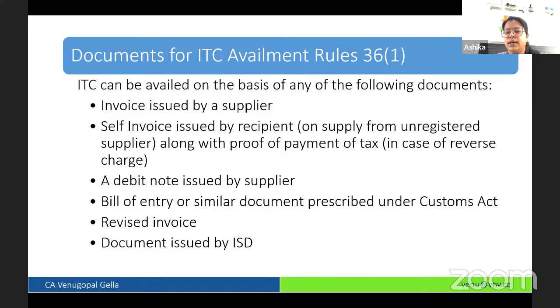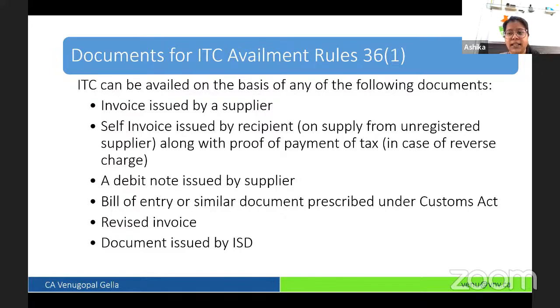Let us take not May 22, let us take December 22. The debit note relates to December 22. Now, based on the original invoice, you may say that my time to avail the ITC got lapsed by 30th November 2022. So can I avail the ITC on the debit note?